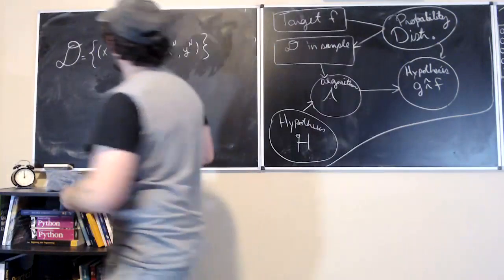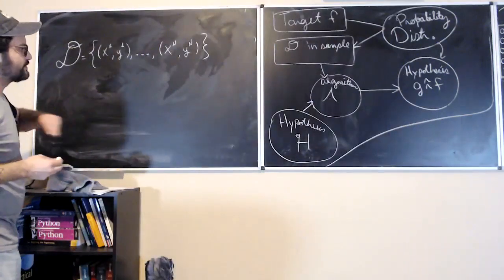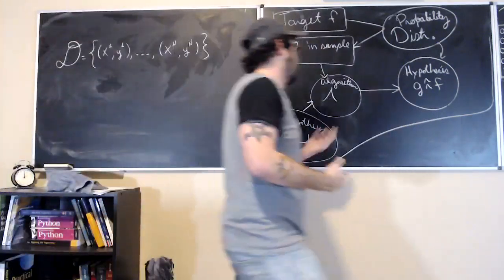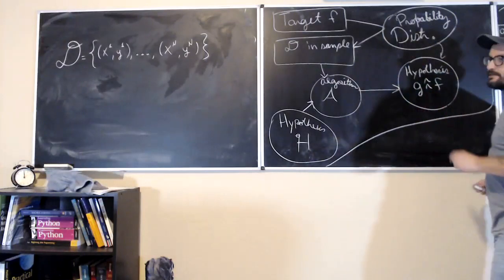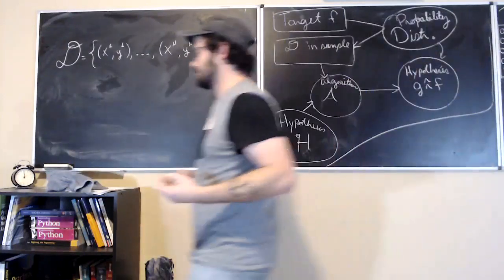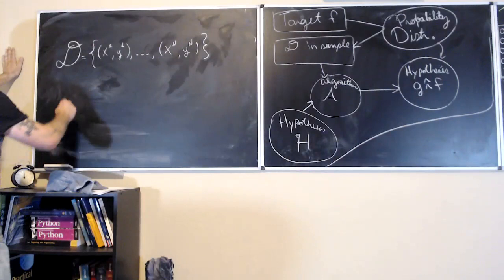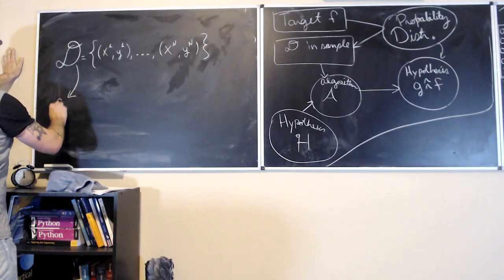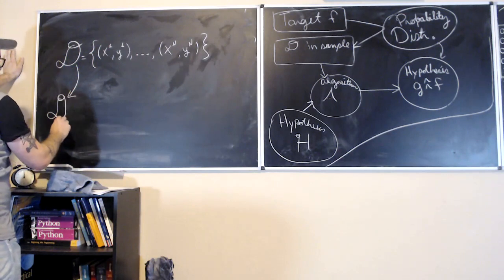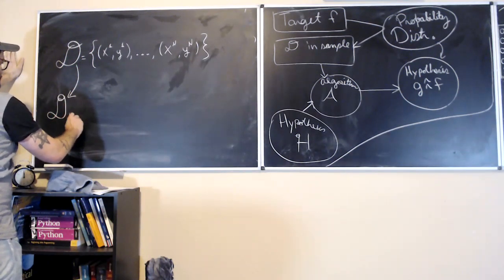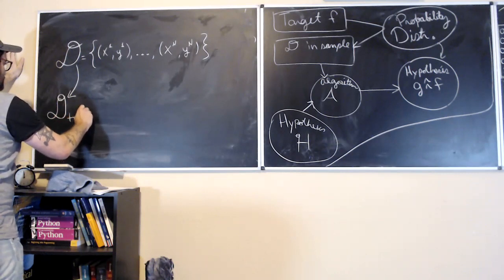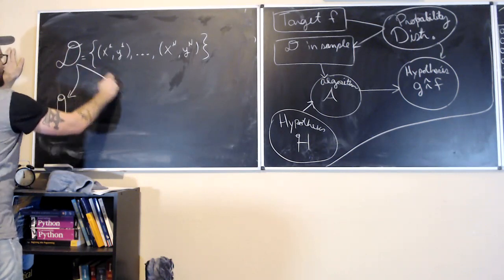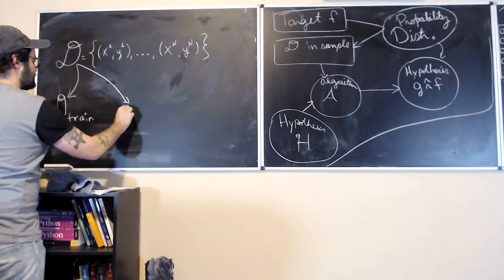So what we can do to get a glimpse of how well our hypothesis approximates the target is to split D into D train and D test.